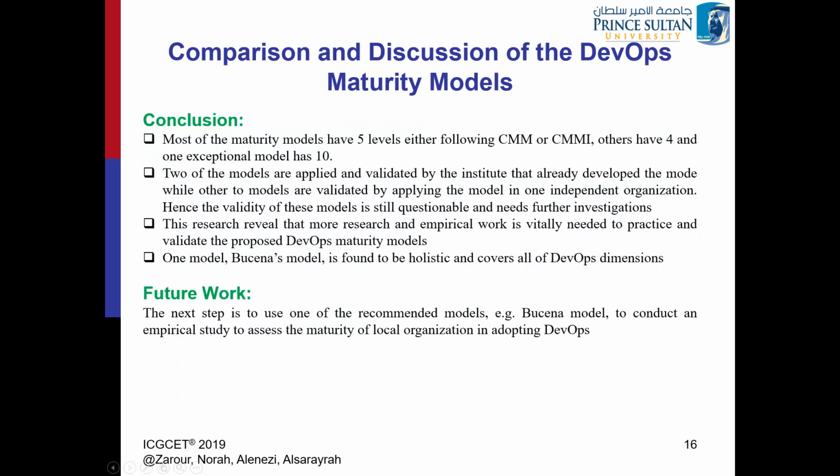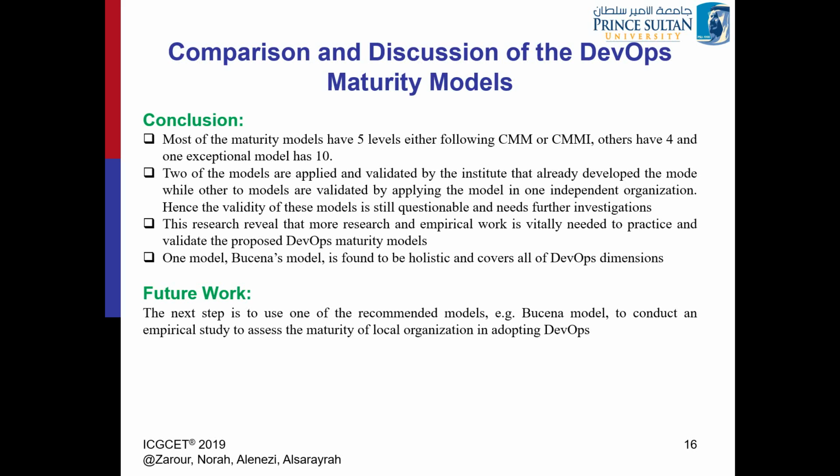So what is the conclusion of this basic study? We found that most of the maturity models have 5 levels, either following CMM, which is the well-known Capability Maturity Model of the Carnegie Mellon SEI Institute, or the newer version of it, which is CMMI.